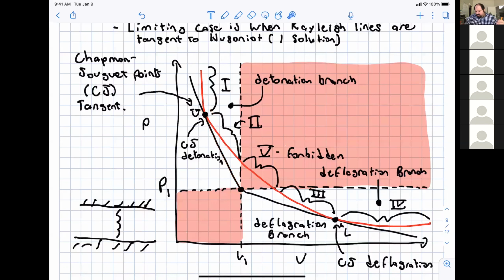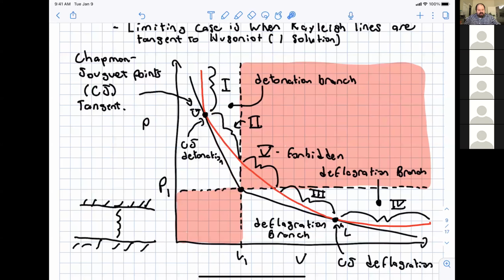We don't know rho 2, we don't know U2, we don't know P2, we don't know the temperature at state 2, etc. All of those can be determined by the equation of state and the Hugoniot relations, but we still cannot uniquely determine the speed of the wave. Some other information is going to have to come in to determine how fast that wave is going, and for flames and for detonations, those are completely different physics.